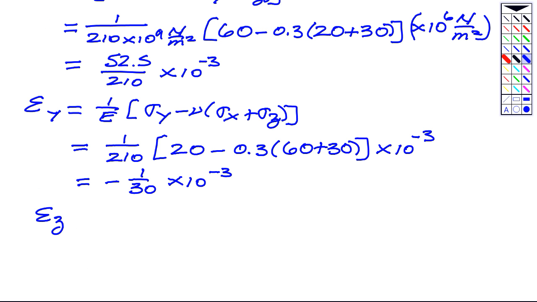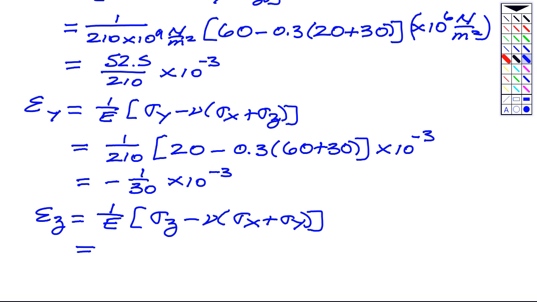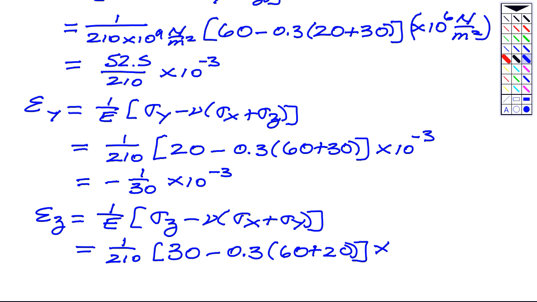Epsilon z. The equation for that was 1 over E, sigma z minus nu times sigma x plus sigma y. So that becomes 1 over 210. The sigma z was 30 megapascals, minus the 0.3 Poisson's ratio, the 60 for sigma x, the 20 for sigma y, with the conversion of 10 to the minus 3 on the outside.